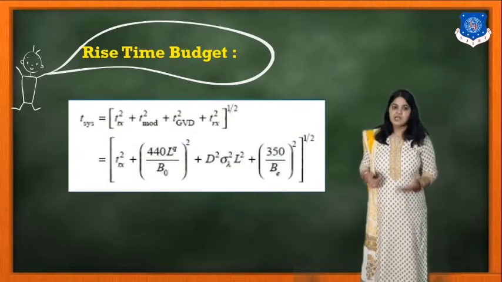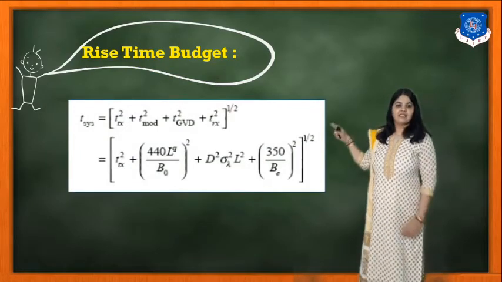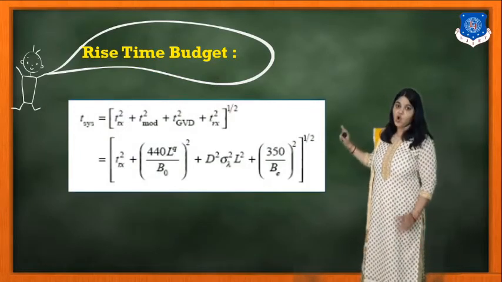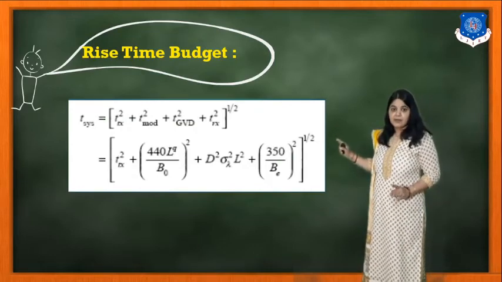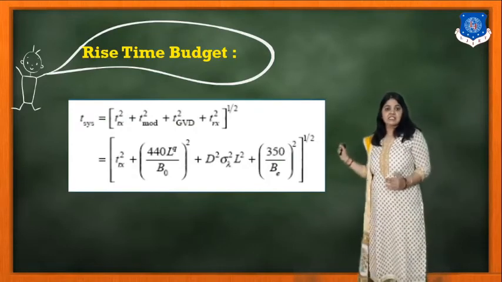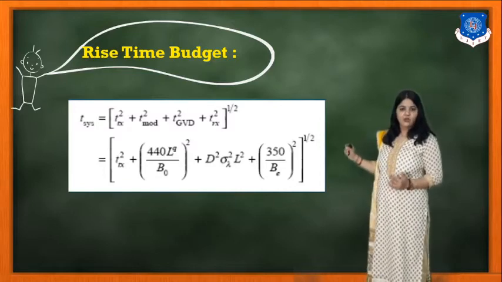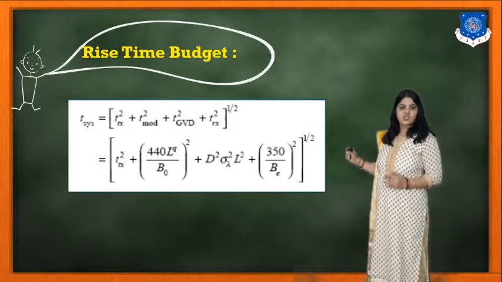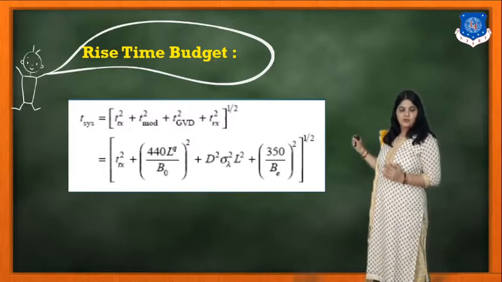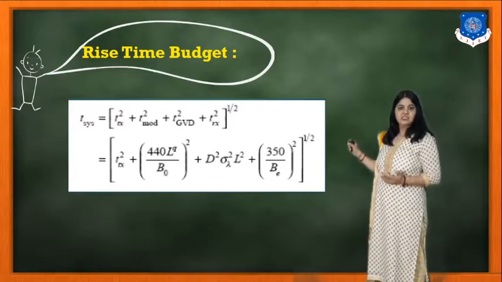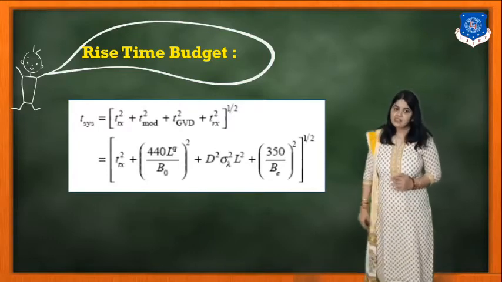It is determined by the root sum square of all rise times. So T_SYS is equal to the square root of TTX square plus T_mode square plus TGVD square plus TRX square.